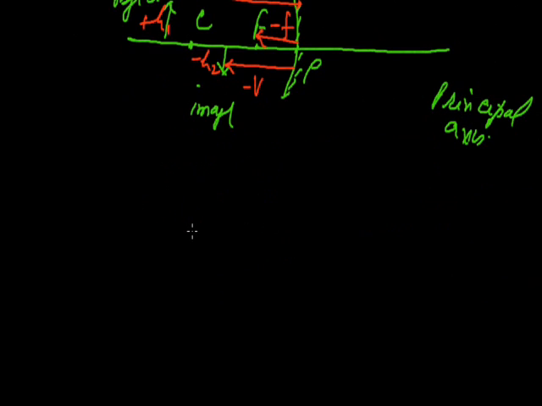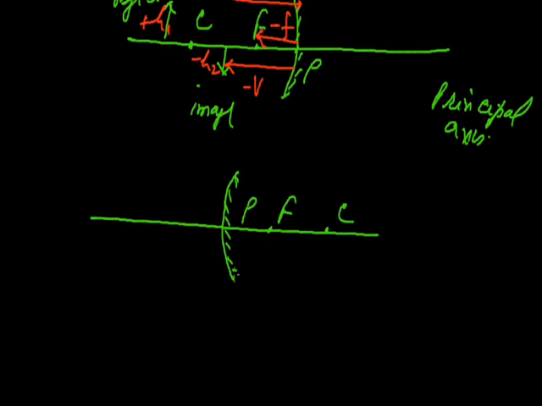In case of convex mirror, principal axis, here is the pole, here is F, focus point, here will be C, center of curvature, the distance from pole to C, that will be the radius of curvature.